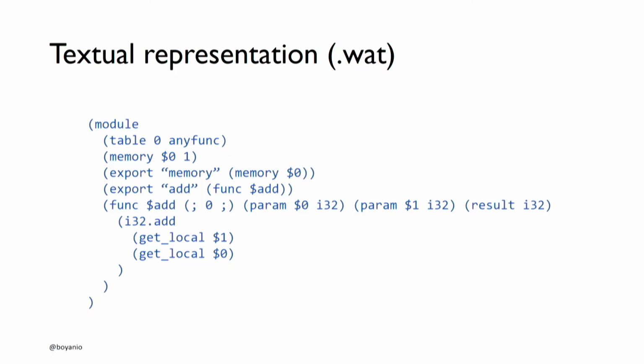Fortunately, WebAssembly comes with a textual representation. And if you're familiar with languages like Lisp, for example, this would seem quite familiar to you. You can see we have our parameters, which are integers, and then the result is also an integer. So this is a typed language, so we know that every time a function is defined to accept integers, it will only accept integers or throw an error if you try to pass something different there.